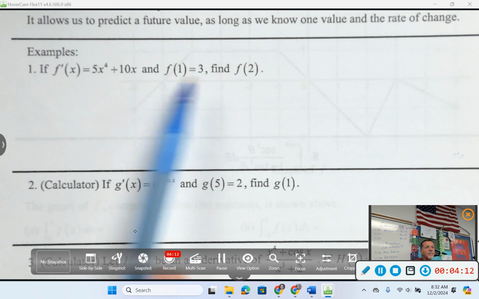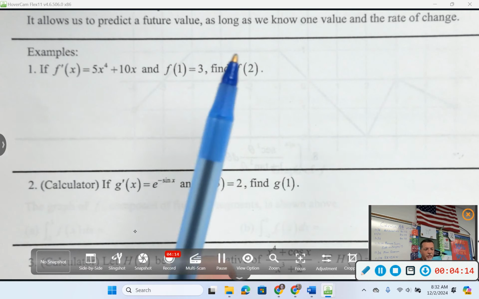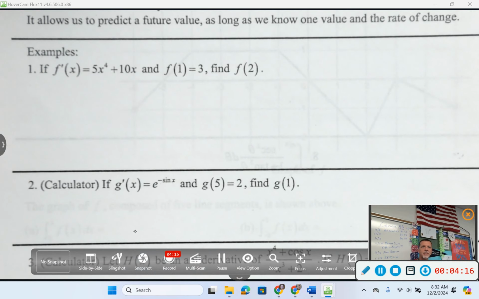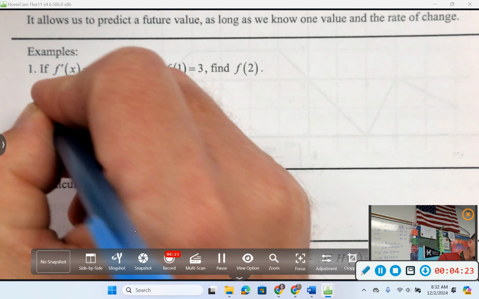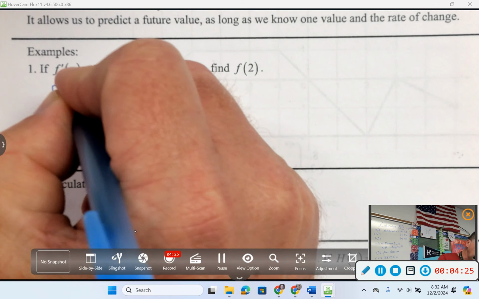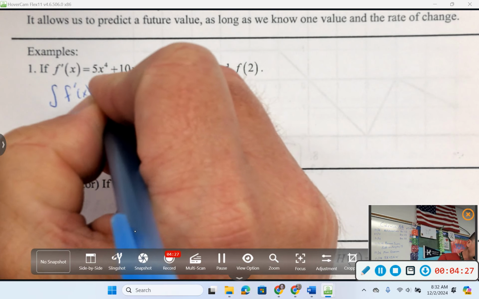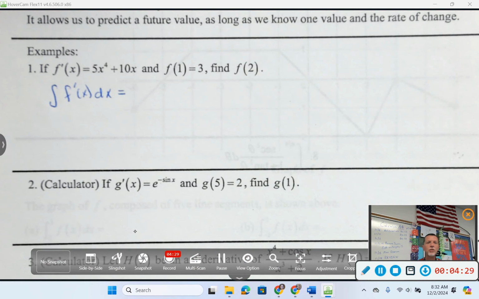So what am I going to have to do to f prime to get to information about f? Antiderivative. I need to undo the derivative. So let's antiderivative the derivative. That would get me back to f stuff.